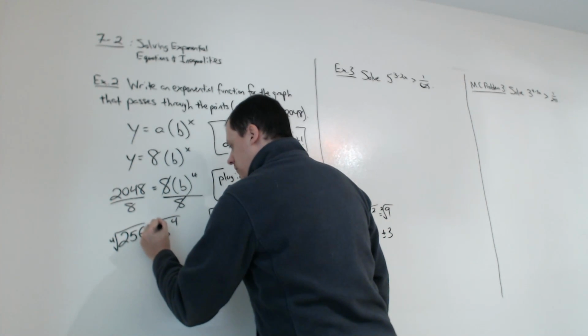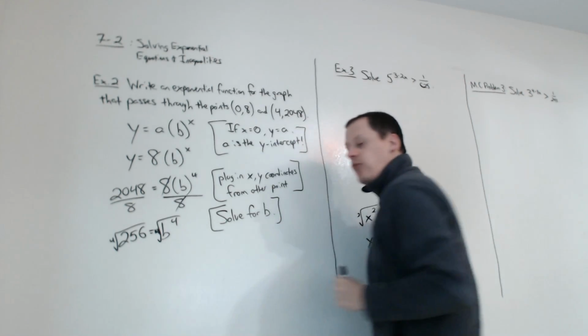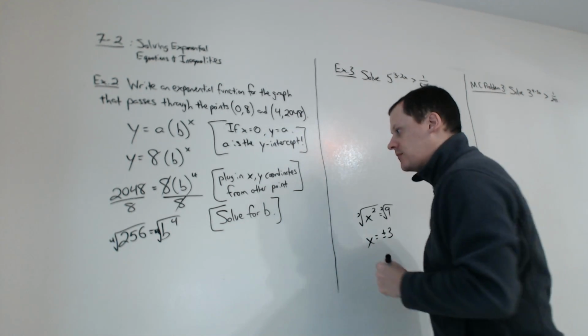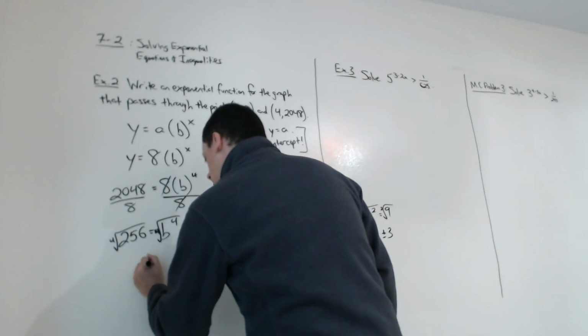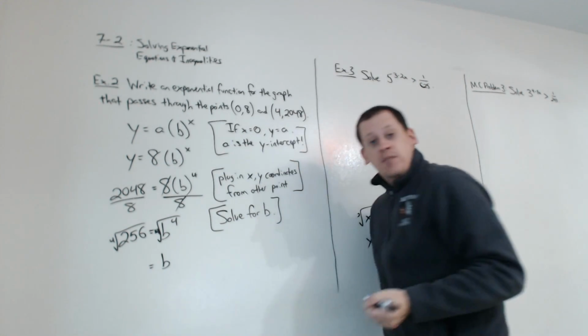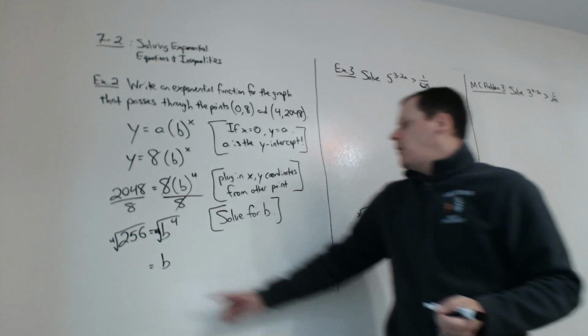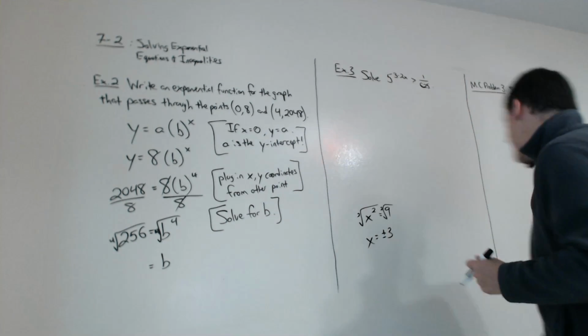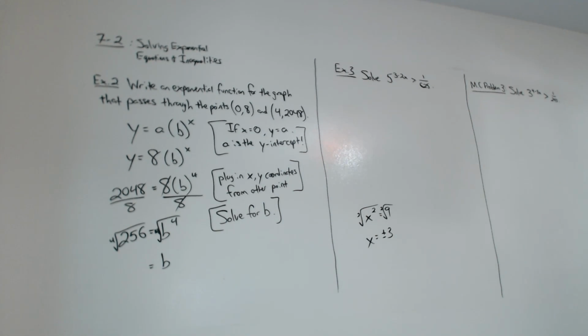So I've got little 4s here. We're going to take the 4th root of both sides. Okay. So that's going to give us just b over here. We do need to find the 4th root of 256, though.